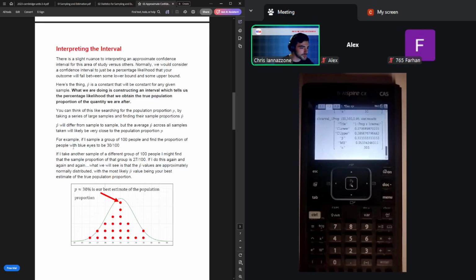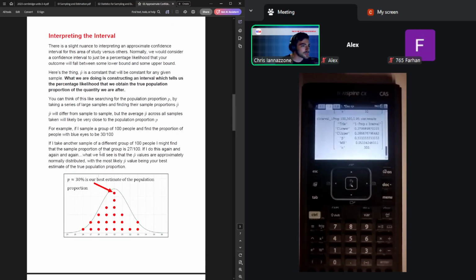Maybe to give a visual on what this might look like, if you have a look back at the screen share, what I've got here is basically each of these dots are different samples of different p hat values for groups of 100 people. So, the example I'm giving is sampling a group of 100 people and finding the proportion of people with blue eyes.